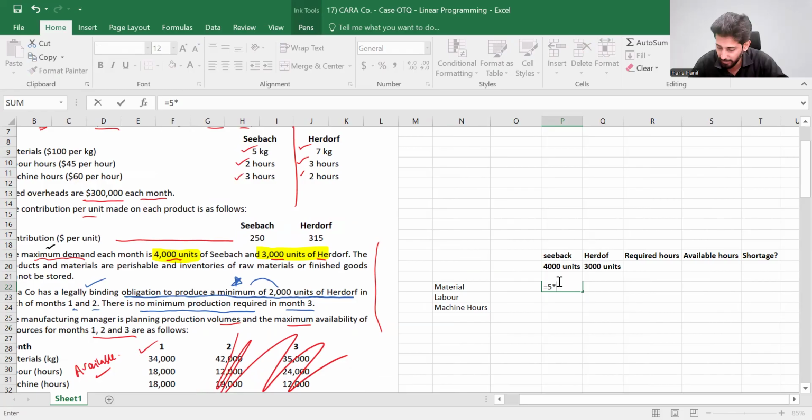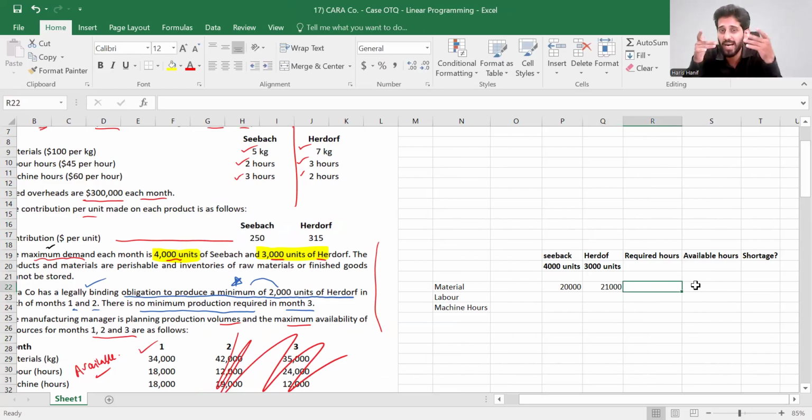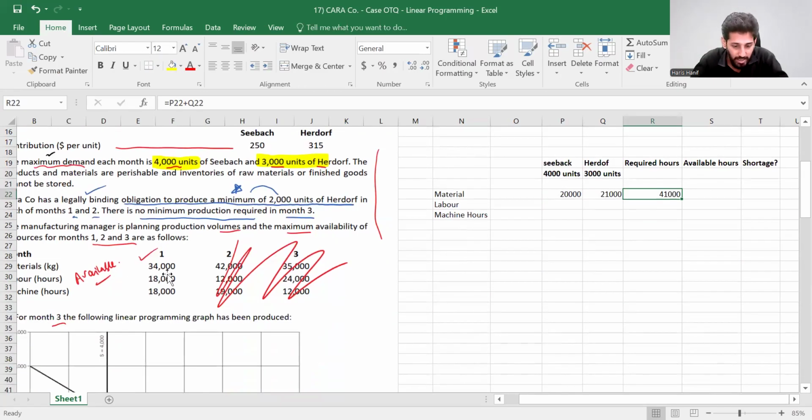So 5 multiplied by 4,000 is 20,000, and 7 multiplied by 3,000 is 21,000. Adding these two, 41,000 are required. And what is available? Available is 34,000.